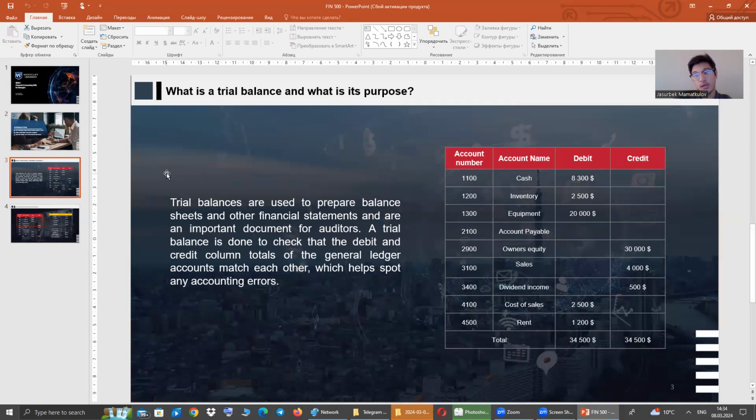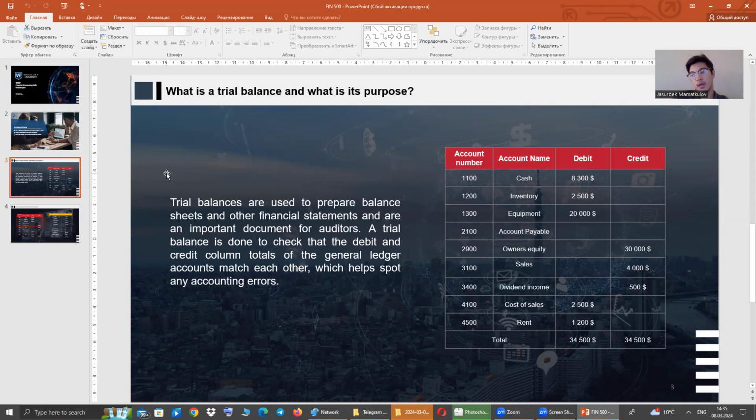For better understanding, the trial balance is the calculation we do before the balance sheet. In a simple way, it's just information regarding the company, from where I can get all the information to put in the balance sheet when I'm doing financial statements, of course.